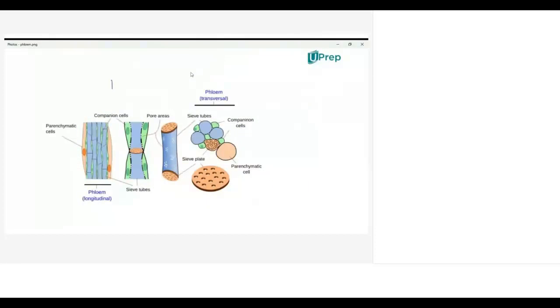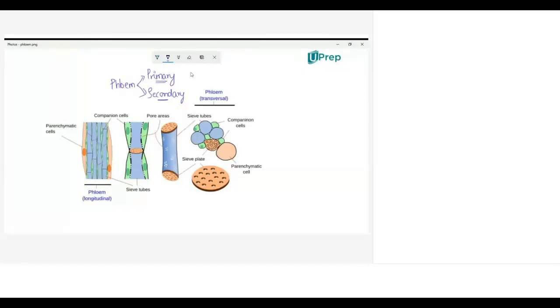Now if you take a phloem, basically phloem or xylem can be classified as primary phloem and secondary phloem. We discussed what is meant by primary and secondary in meristematic tissue in earlier classes.